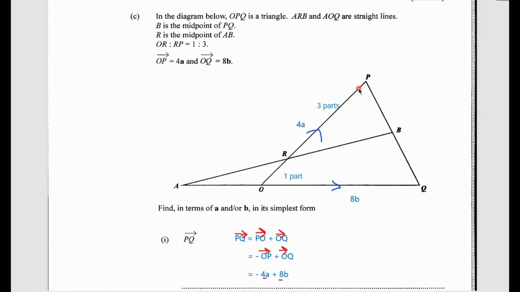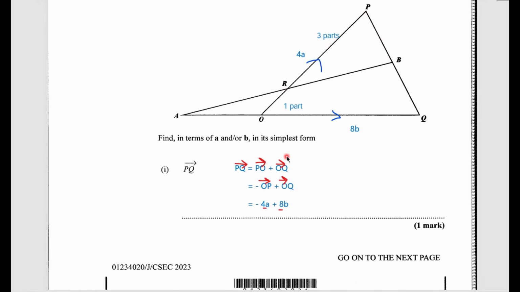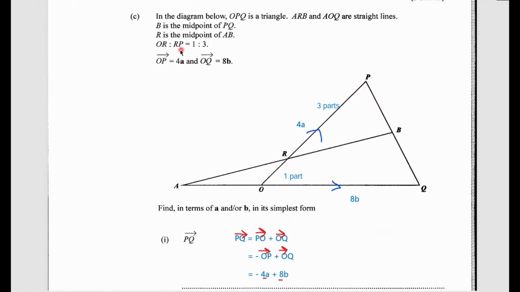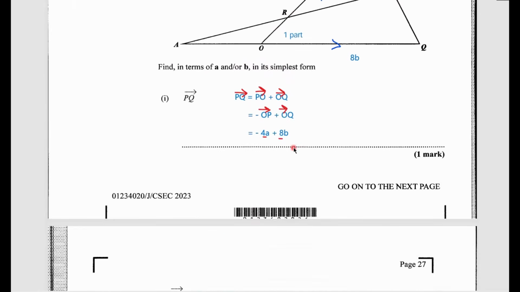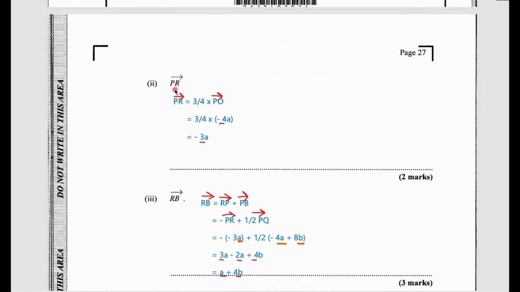RP is what? Minus PR. You must be wondering, oh, so why are you doing that? Well, you have to look at what you have, right? You have to look at what we have. So RP is minus PR because we have PR already, which is minus 3A. So that's where we could use that. So RP is minus PR, which is minus of minus 3A.